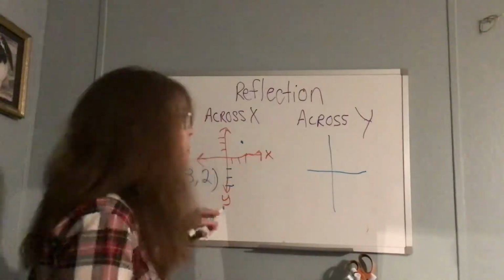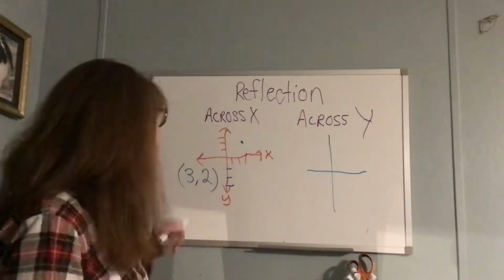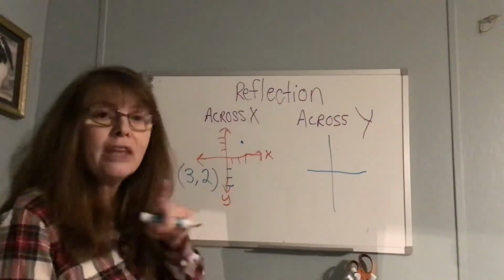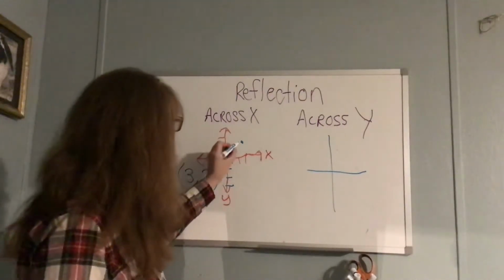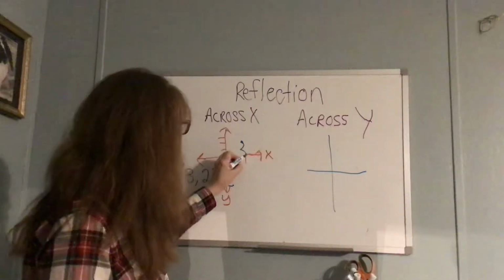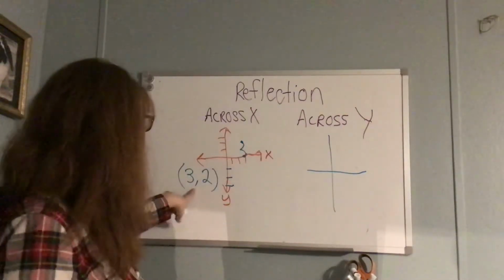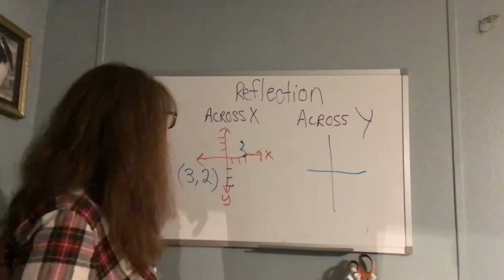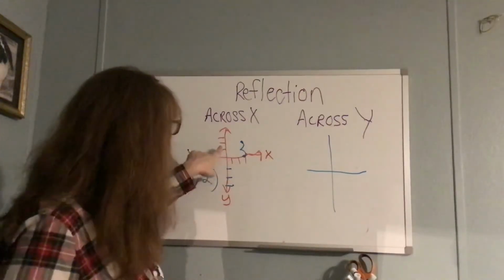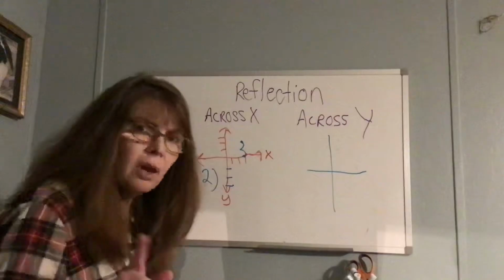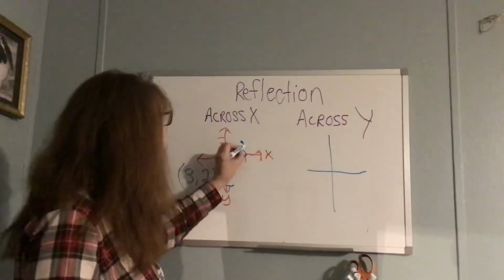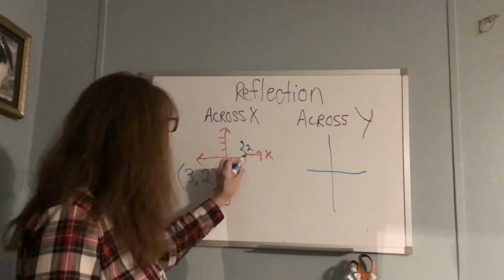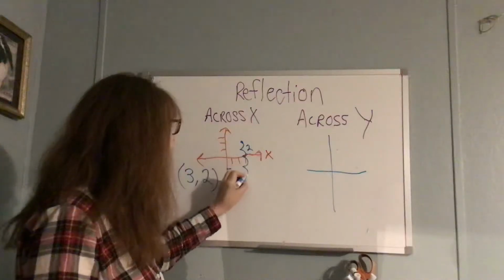All right, so now I'm going to reflect this across the x-axis. Here's how I do it. I count how many steps it takes to get to the x-axis, and what I see is that in order to get to the x-axis, it's 2. However many steps it took to get to the x-axis, I'm going to do that same amount.